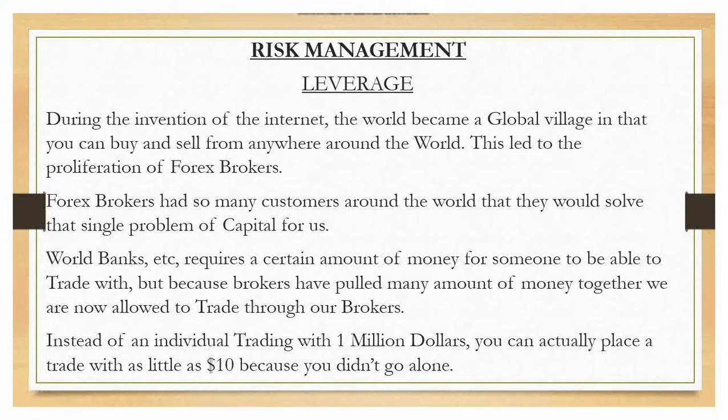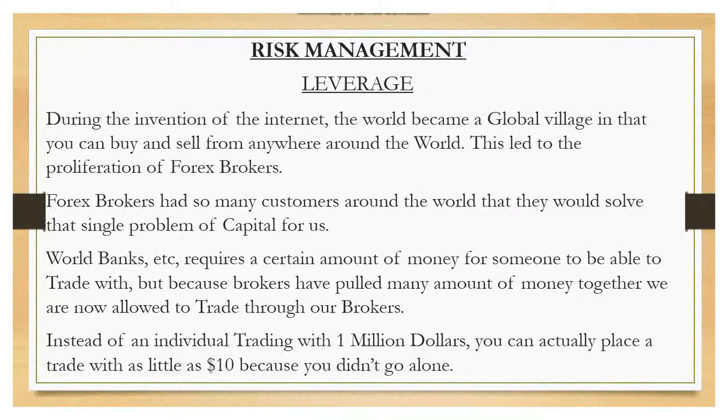During the invention of the internet, the world became a global village, in that you can buy and sell from anywhere around the world. This led to the proliferation of forex brokers. Forex brokers had so many customers around the world that they would solve that single problem of capital for us.